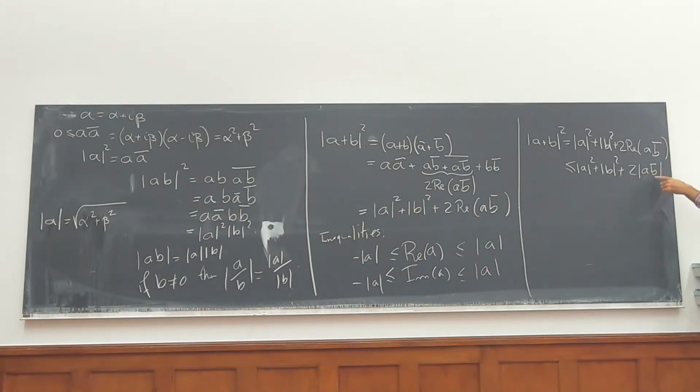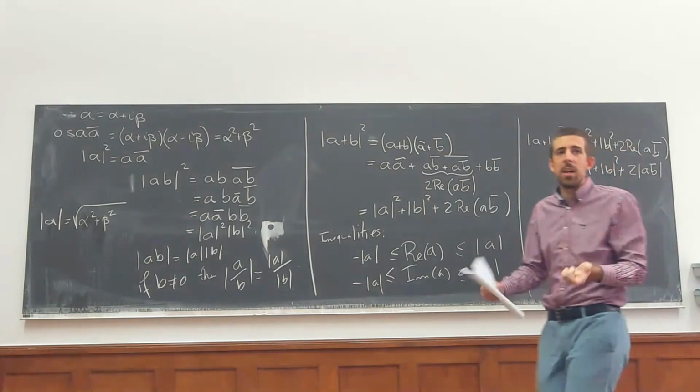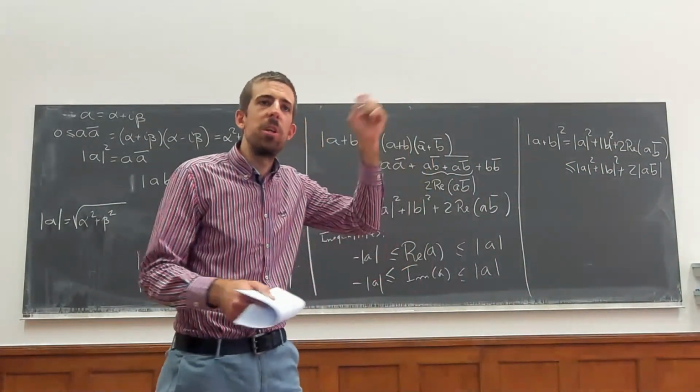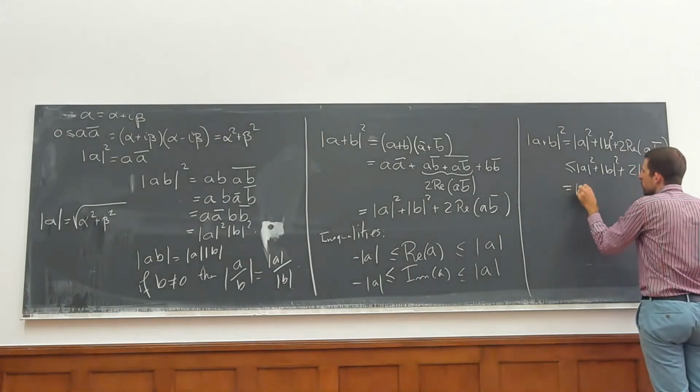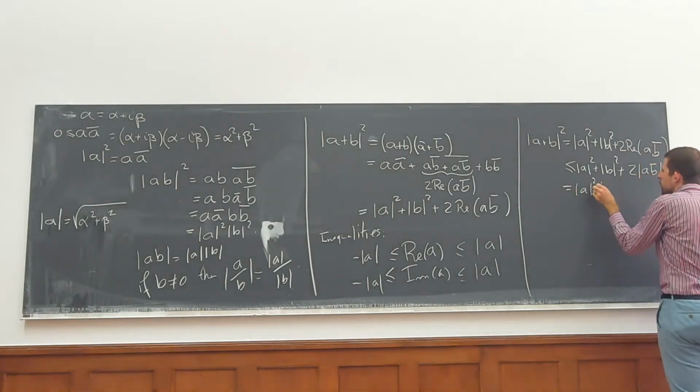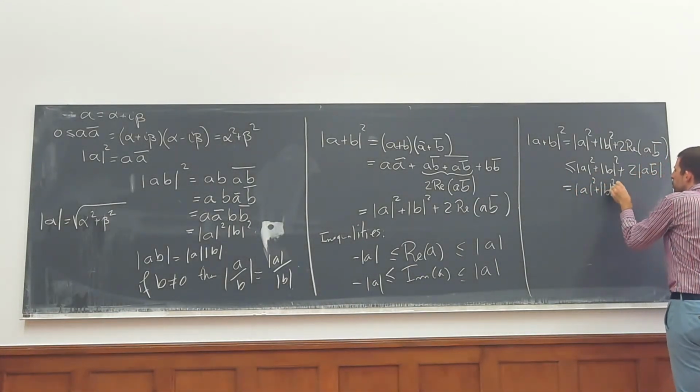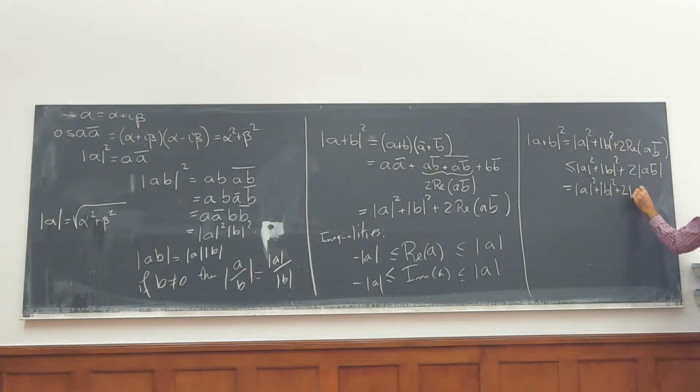But the norm of A and A bar is the same, because the beta just switches to minus beta and nothing changes. So this is equal to the norm of A squared plus the norm of B squared plus 2 times the norm of A times the norm of B. Now you might recognize that this is a familiar square.